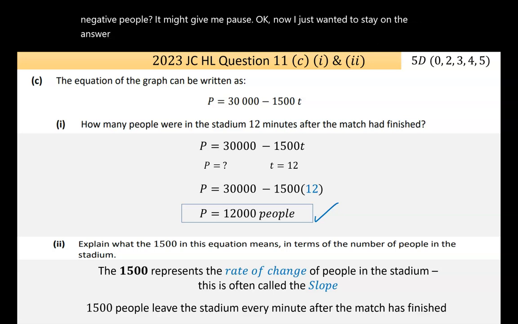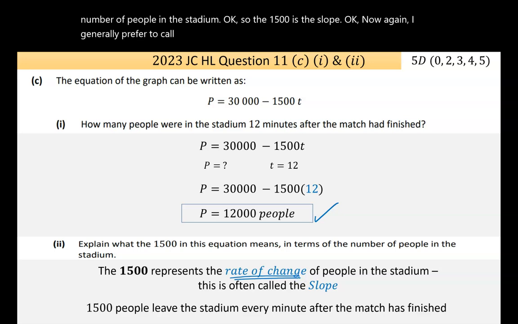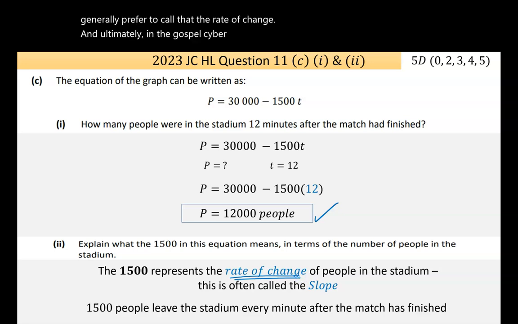Part 2 says, explain what the 1,500 in this equation means in terms of the number of people in the stadium. Okay. So the 1,500 is the slope. Now again, I generally prefer to call that the rate of change. I'm a science teacher, and in science, measuring change is what science does.